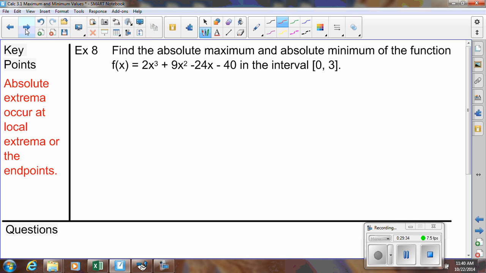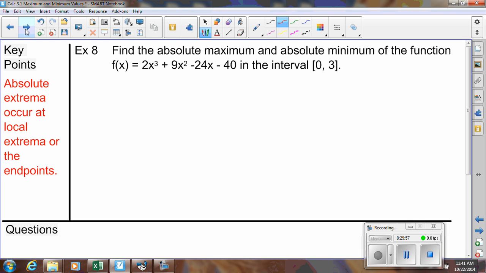So here, find the absolute maximum and the absolute minimum for this function. Please note, we're not saying global maximum or global minimum. Only on the closed interval from 0 to 3 is what we care about. First of all, you'll notice it's a polynomial.